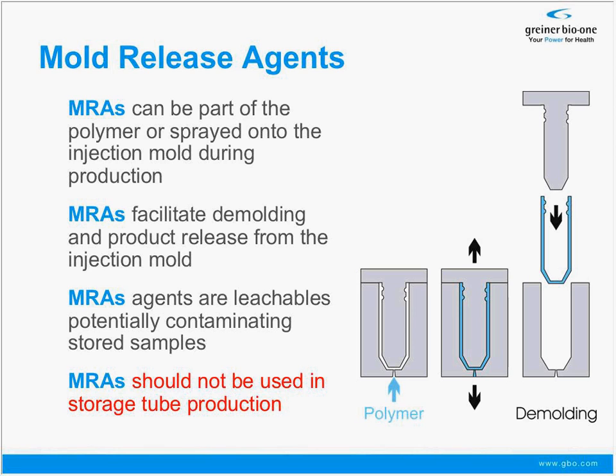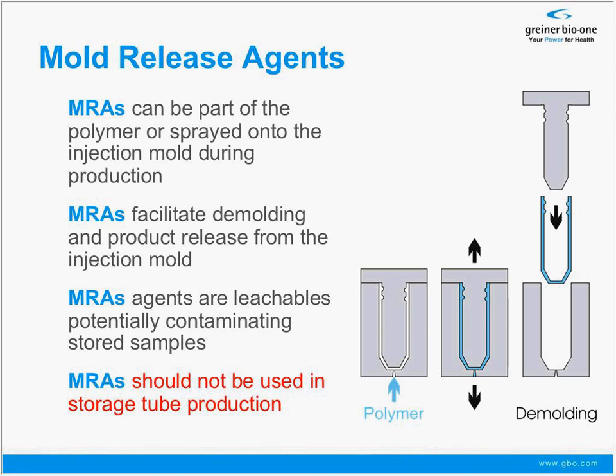This taking out of the product from the injection mold can sometimes be challenging if the design of mold and tube are not matching nicely and are not done in a clever way that allows for injection molding and demolding.